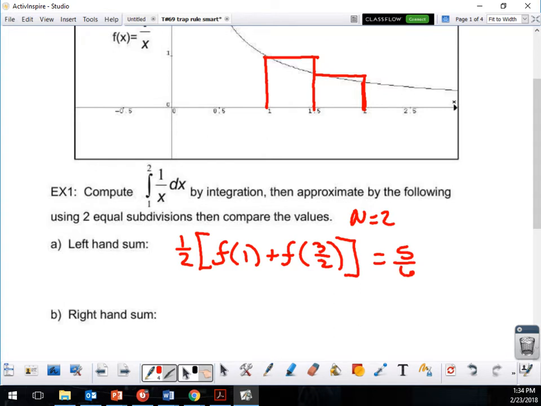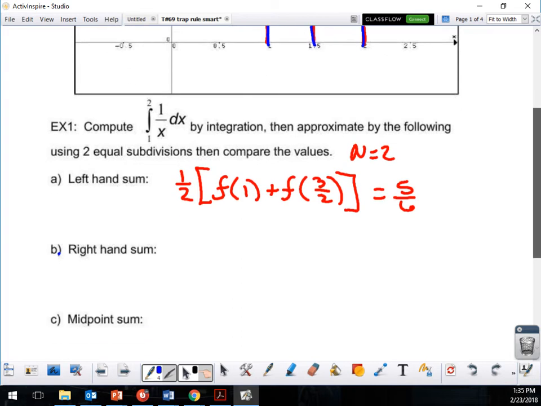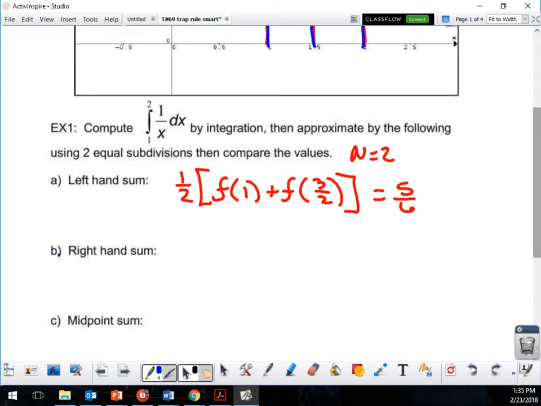Now let's do it right hand. I'm going to do right hand in a different color. Right hand means that I'm actually going to do it from the right hand side. So now it's going to go from here this way, and over here this way. Using that, my delta x is the same, so it's 1/2.